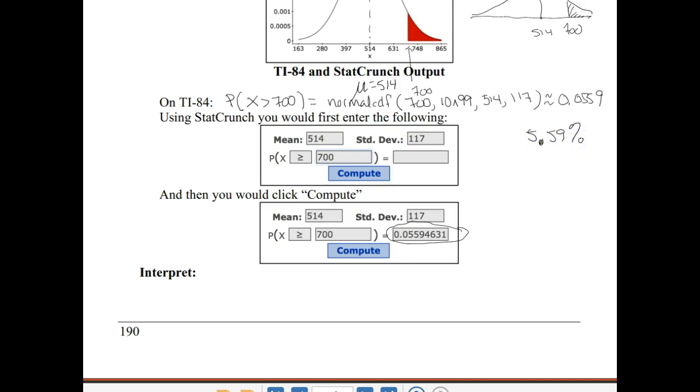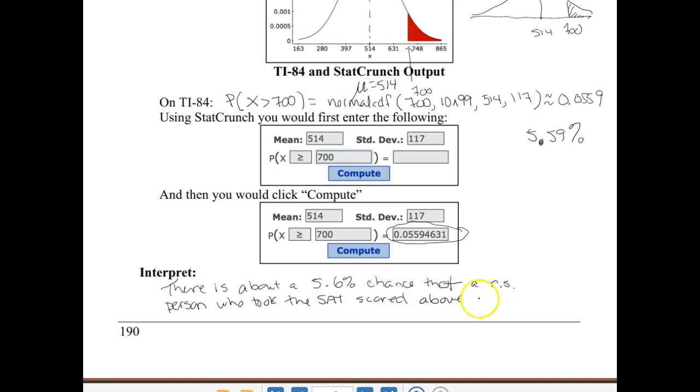So again, if we were to interpret this, okay, there is about a 5.6% chance that a randomly selected person who took the SAT scored above 700 on the math SAT.